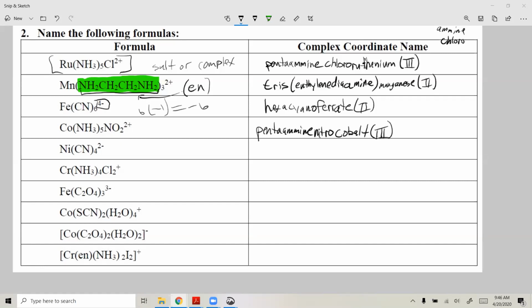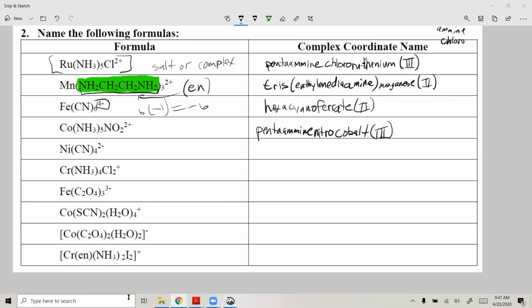So pentaamine should come first before nitrile, because amine starts with an A versus nitrile, which starts with an N. Once the amine is first, we add the penta in front, and that's how we get pentaamine nitrile. So compare your ligand names, not the names of the ligand with the prefix.